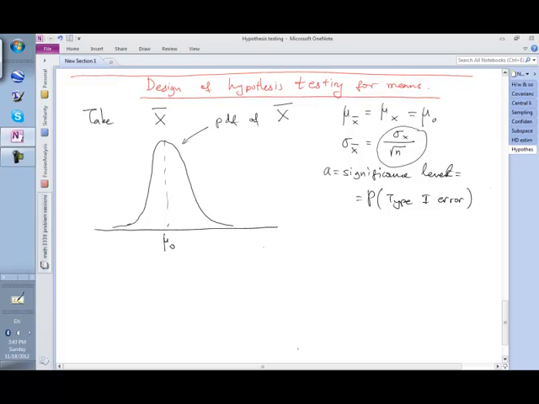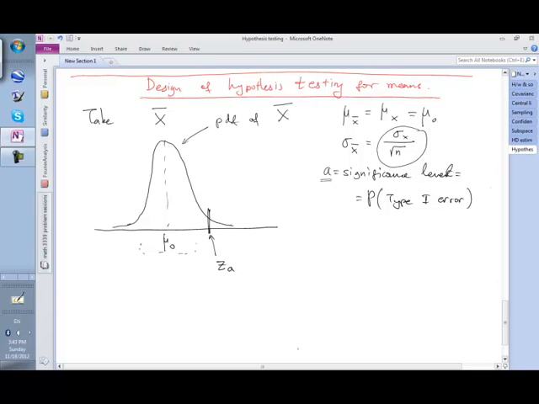If this is true, then the measurements of x bar that you have obtained from your random sample should mostly lie close to mu sub 0. Therefore, if I want to control my type 1 error, I cannot live with more than alpha error. I find a value here, which I would call the critical value.